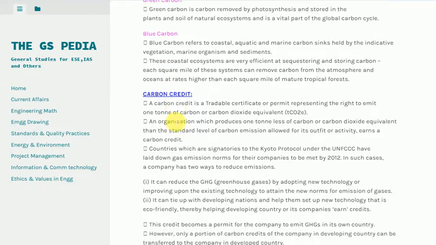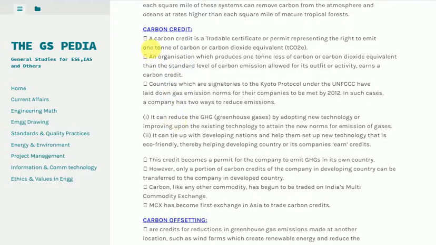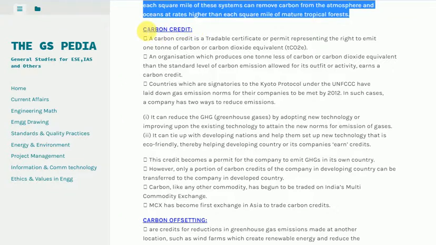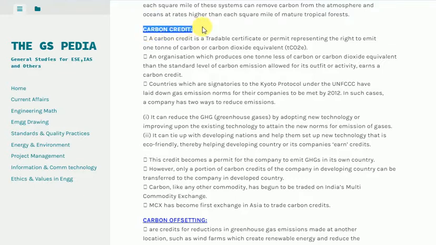Carbon credit. A carbon credit is a tradable certificate or permit representing the right to emit 1 ton of carbon or carbon dioxide equivalent, CO2e.